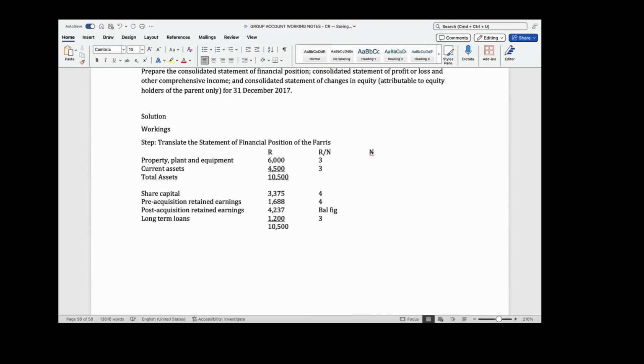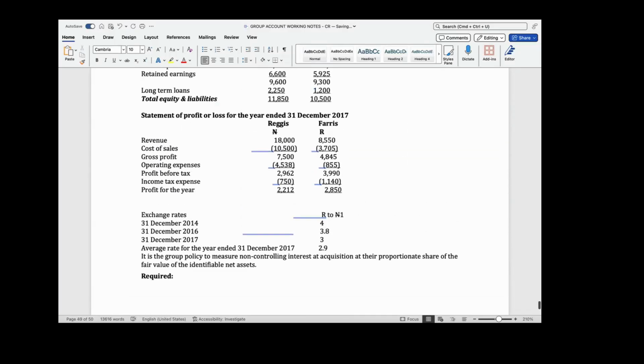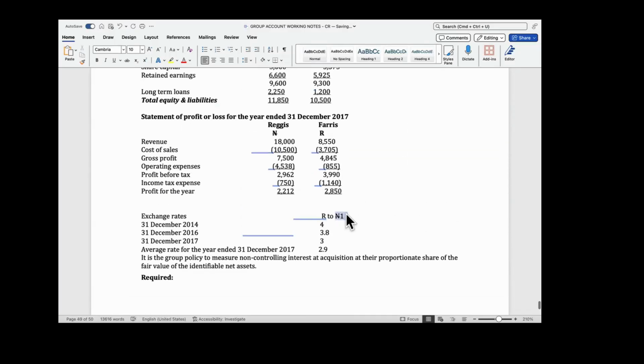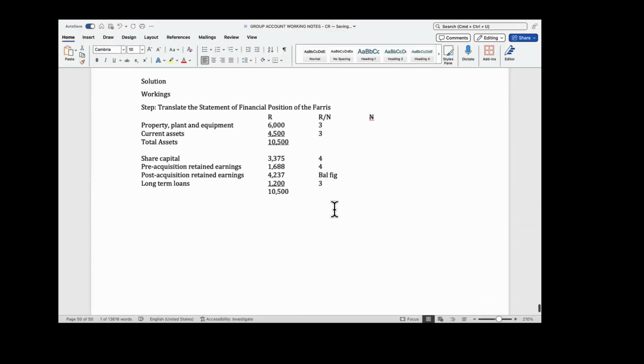So you already know that in this case, Naira has more value. 4 rand to 1 Naira, 3 rand like that. Naira has more value, so we divide to get to Naira. This obviously is 2,000. How much is this? This should be 1.5 now, maybe.